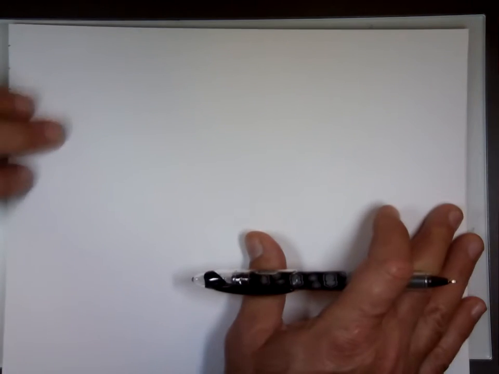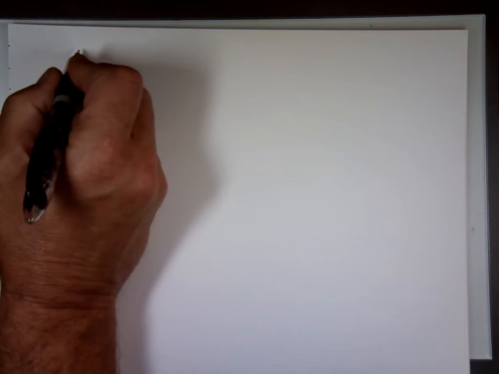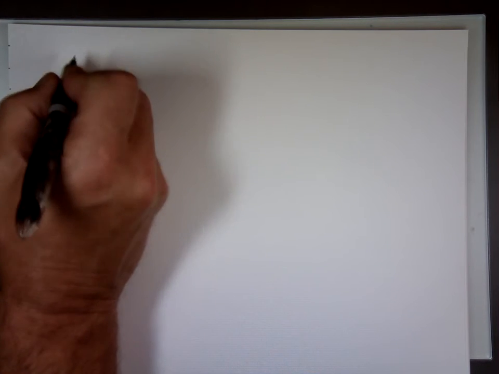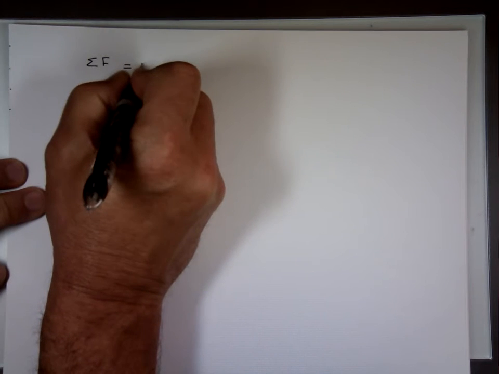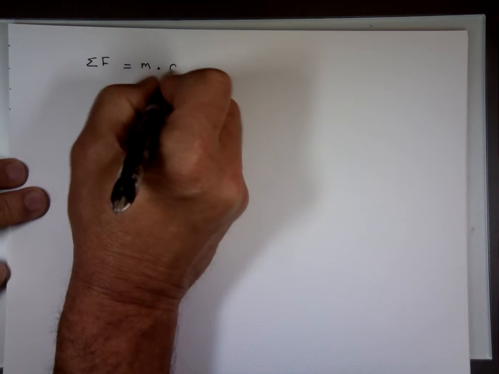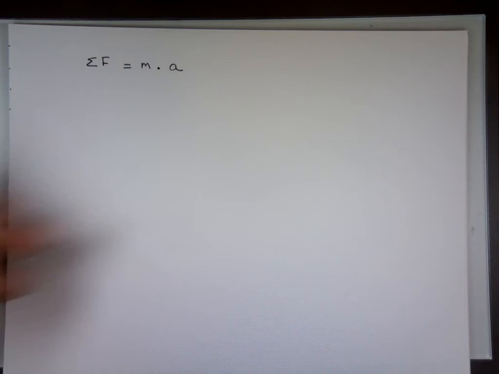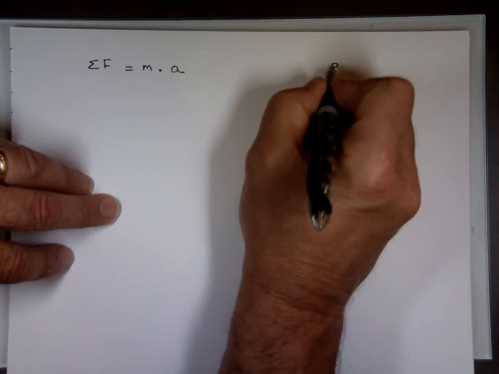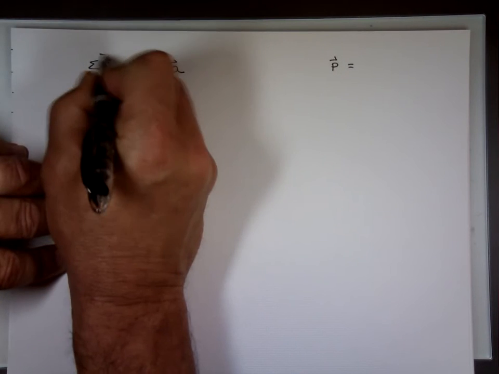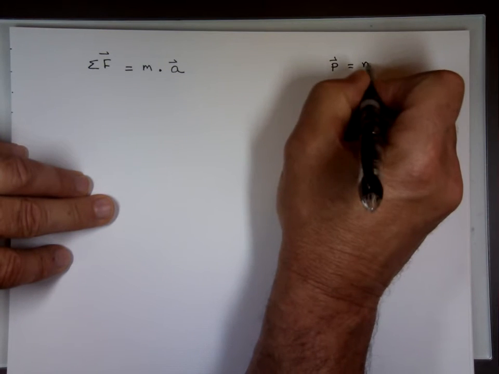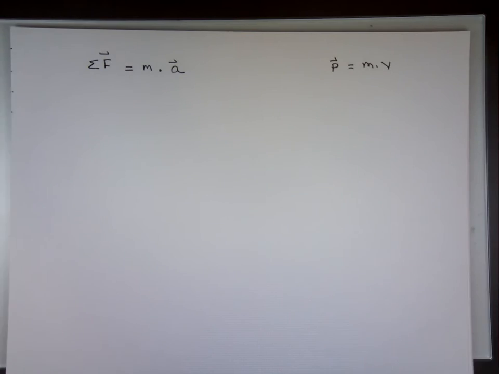Let's go back to Newton's second law. It says the net force equals what? Mass times acceleration. Let me put the linear momentum here. Is mass times velocity. Let me look at the units again slowly.